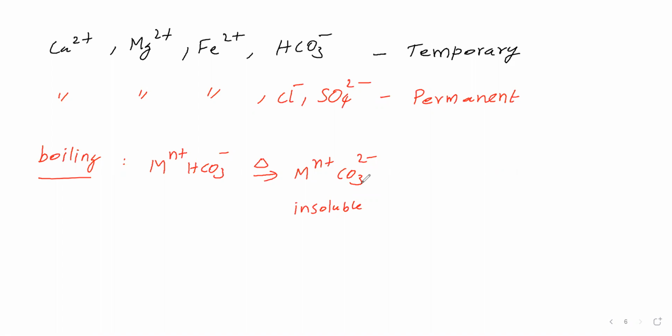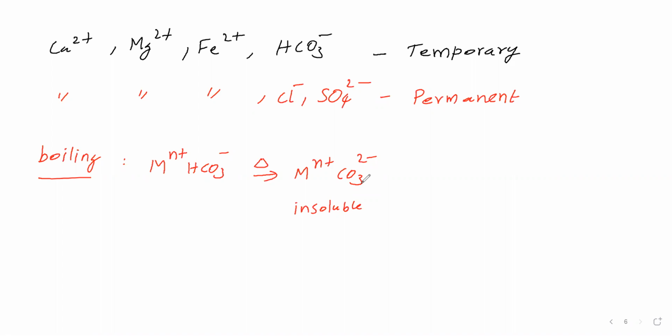To that you add HCl. Brisk effervescence will come, that means carbon dioxide gas comes, that means it consists of a lot of calcium carbonate. Such soil is good for planting tomato and vegetables rich in calcium. So we can conclude that all the metal carbonates are insoluble in water except alkali metal carbonate.